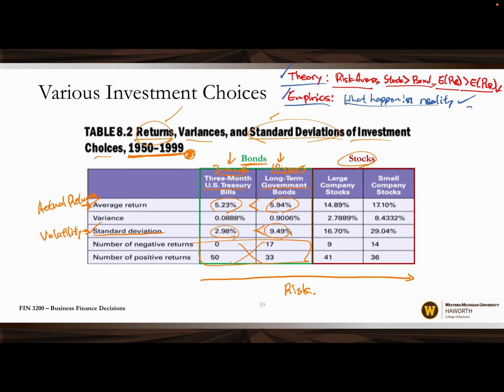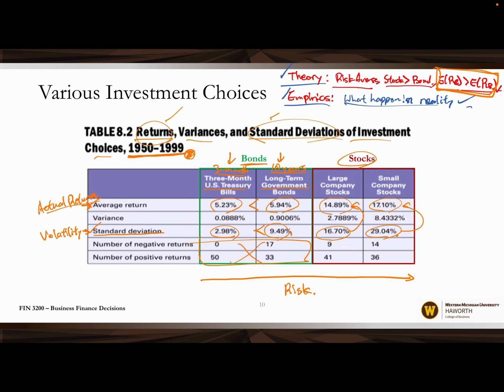As you can see, the returns were much larger for stocks, 14 and 17 compared to like 5%. That's also consistent with theory. Expected return should have been greater, so the actual return was greater, okay? And the volatility also consistent with theory. More risky, more volatile, but on average, they yielded a greater rate of return, okay?